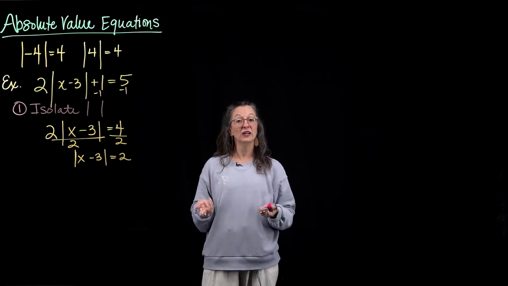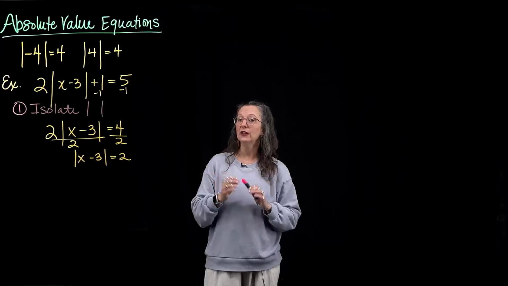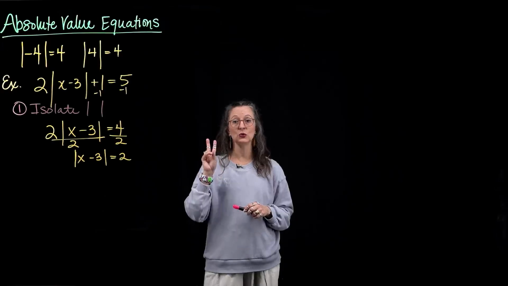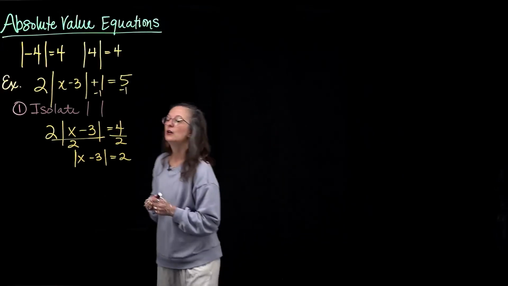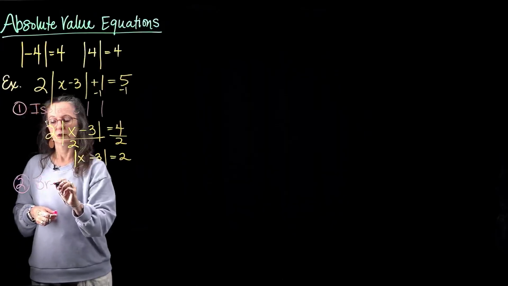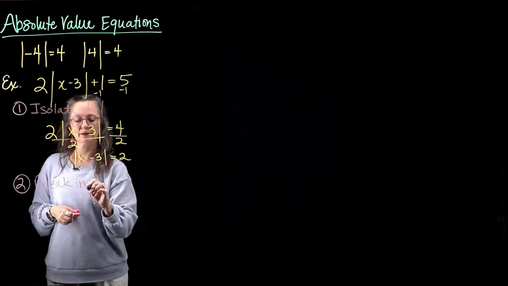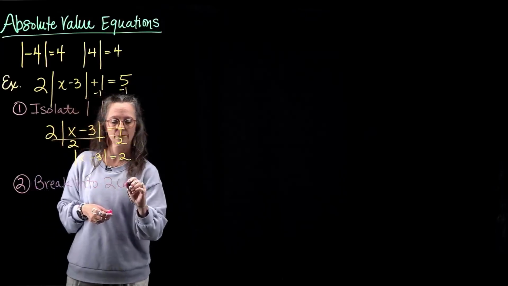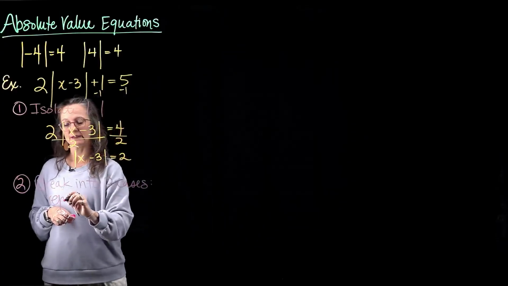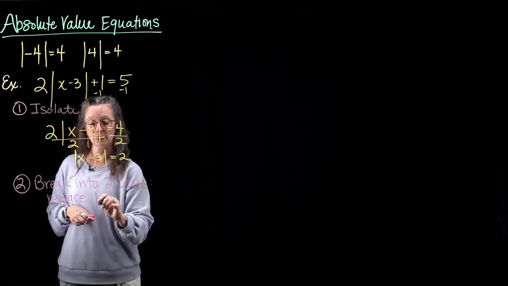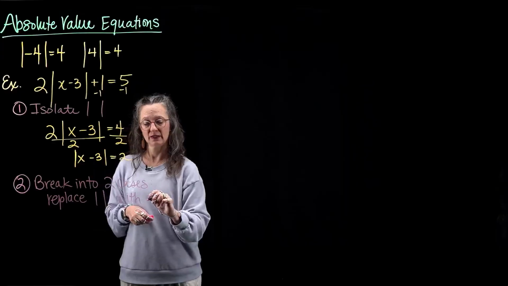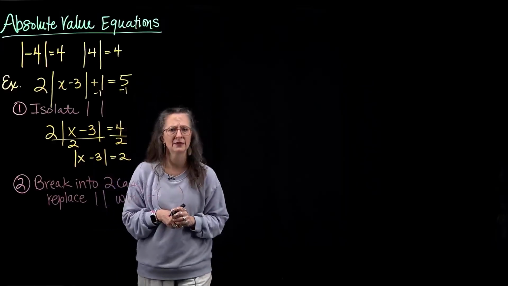The next thing we want to do: every absolute value situation must be broken into 2 cases to solve. The way we break into 2 cases, we're going to replace the absolute value symbol with positive and negative parentheses.